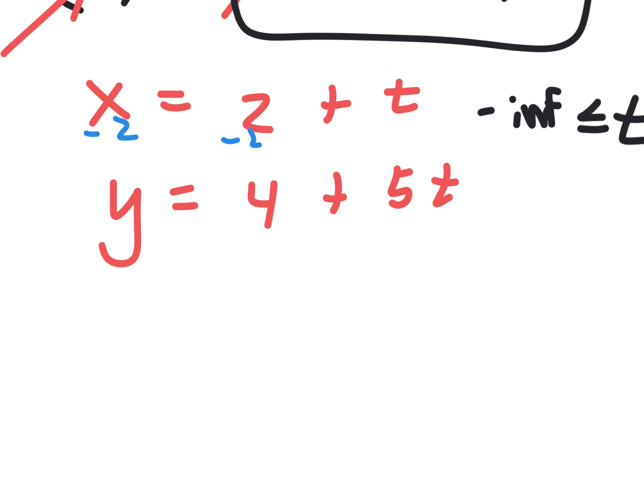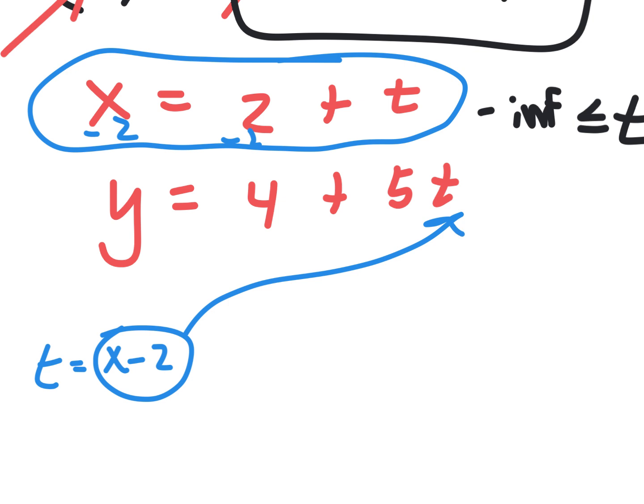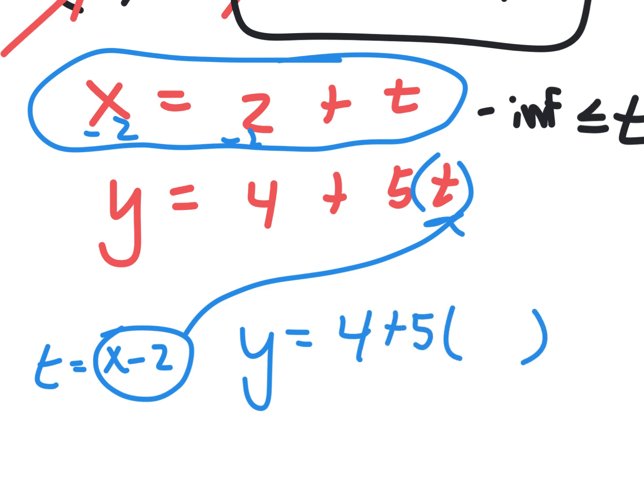If you're doing this, t equals x minus 2, you're on the right track. Now you can solve them both for t and then set them equal, or another way I showed you was you can take this, since t is x minus 2, and stick it right there and replace the t with x minus 2. So I have y equals 4 plus 5 times, instead of the t, x minus 2.